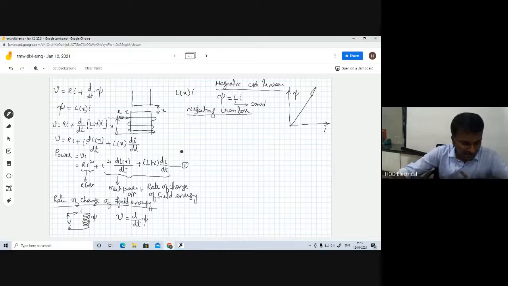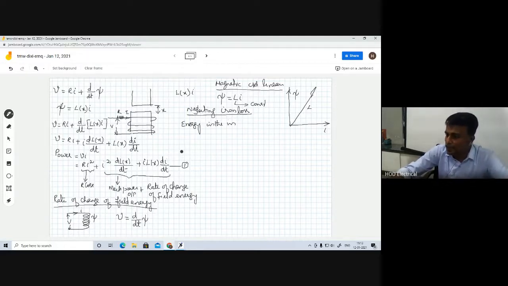As the inductance is fixed as a number, whenever the inductance is constant, for a particular time we can find the energy stored in this inductor, the energy in the magnetic field. Once we know the energy in the magnetic field, from that we can find the rate of change of field energy.